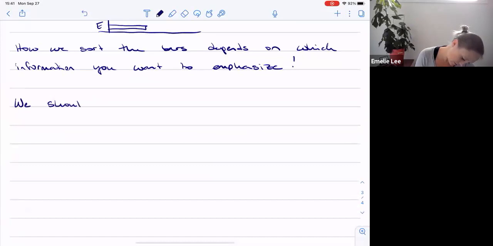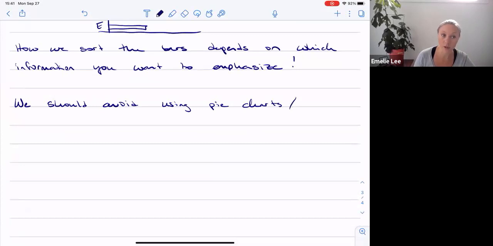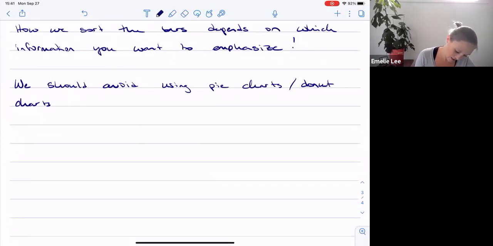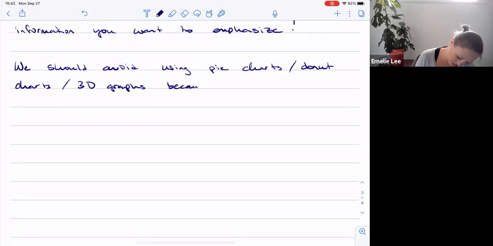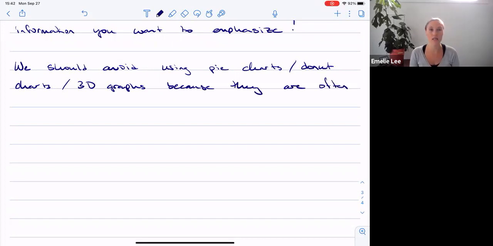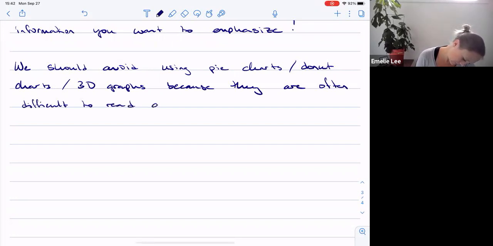But first I'll say we should avoid using pie charts, donut charts, or 3D graphs, because they are often difficult to read and do not provide additional information.